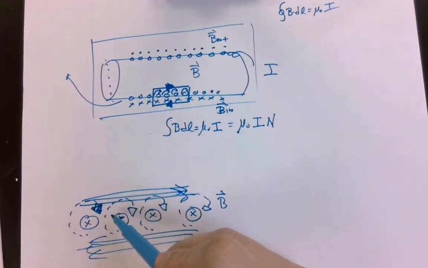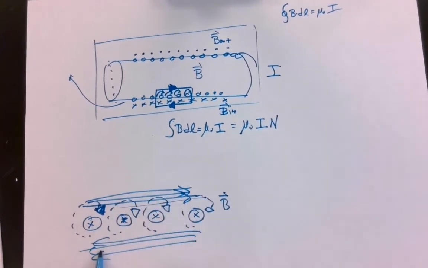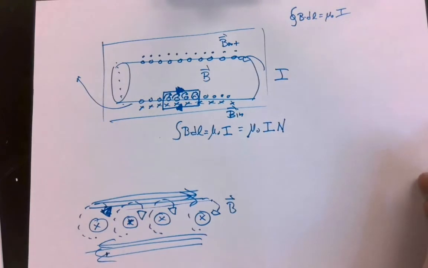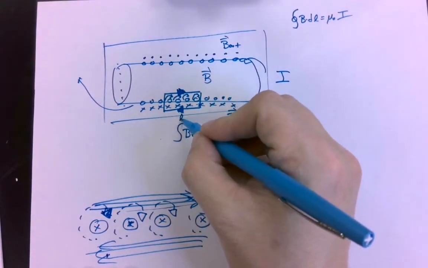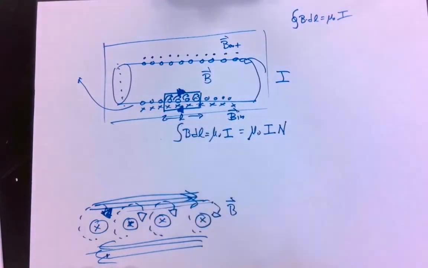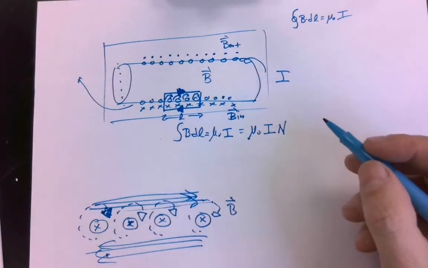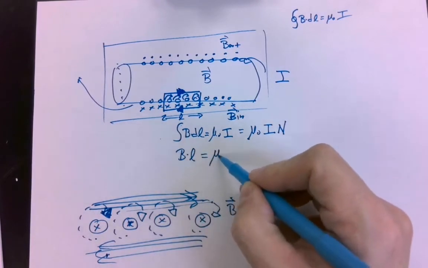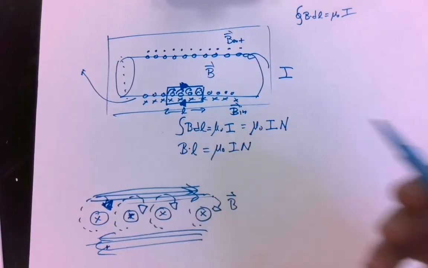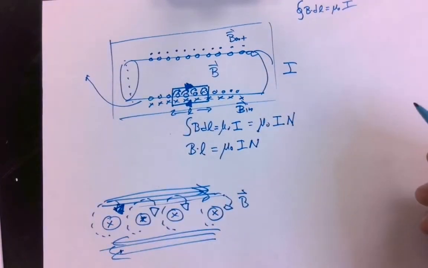So the integral of B dot dl, if B is just constant along this line here and constant along this line here, is just going to be equal to the magnetic field times this length L of our loop. Now our loop that we chose is just arbitrary, but we know that B times L is going to be equal to mu 0 times I times the number of wires that comes through the loop that we chose.